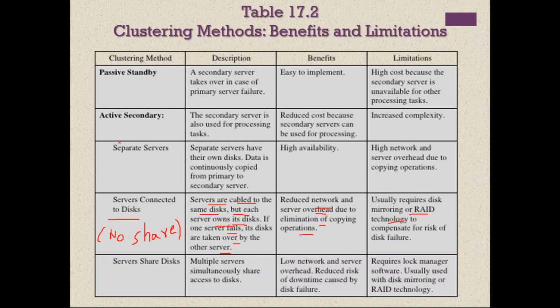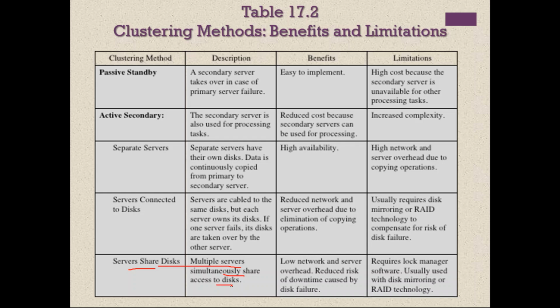The other model of active secondary is server share disks. Here they actually share the disk. Not only are they connected, but they share the common disk. Multiple servers simultaneously share access to disks.